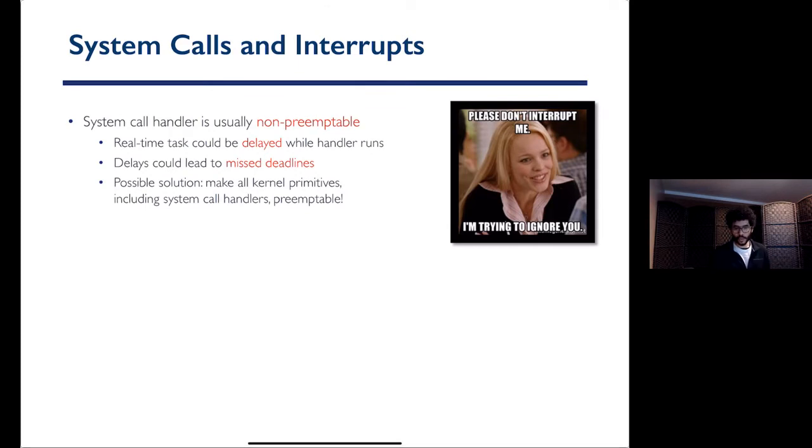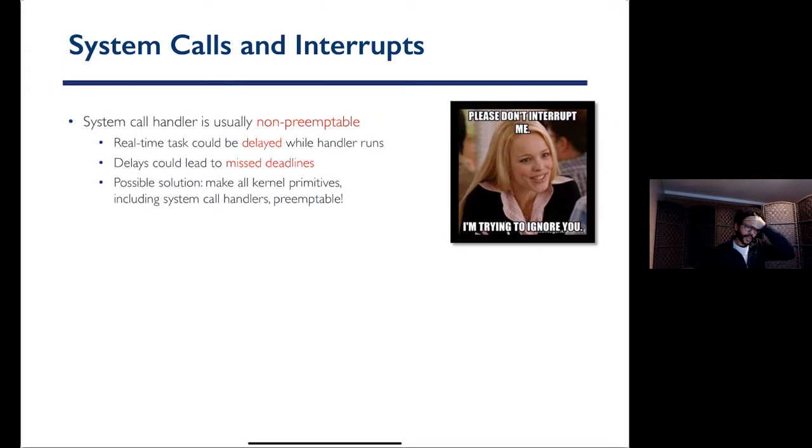So let's say you're setting up a socket or you're opening a file, and then your satellite changes its altitude or something, and you have to respond really fast to this change to bring it back to the orbit.